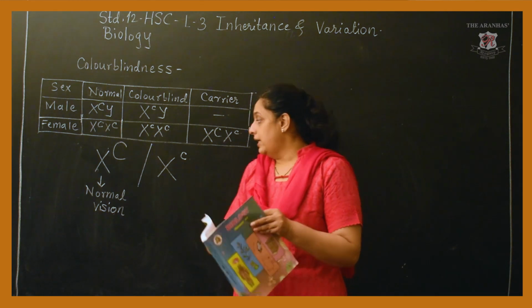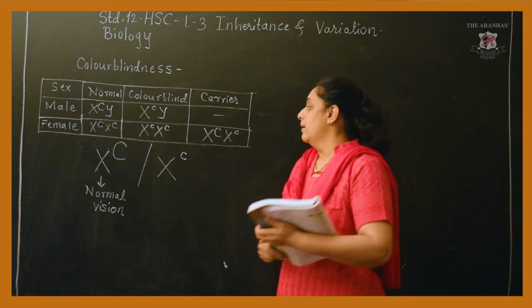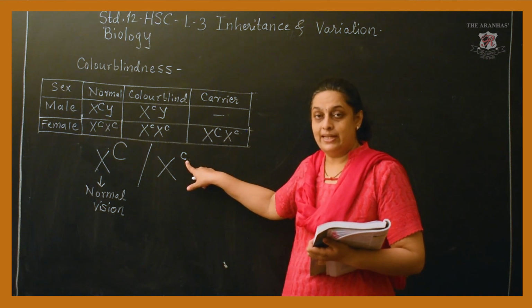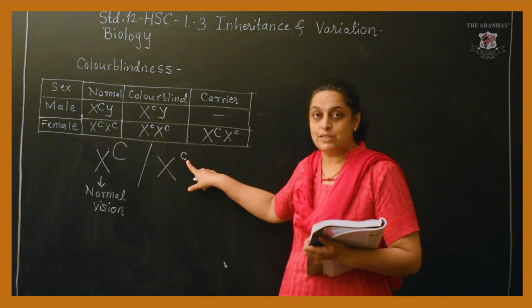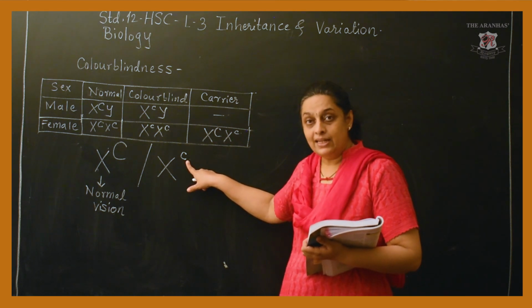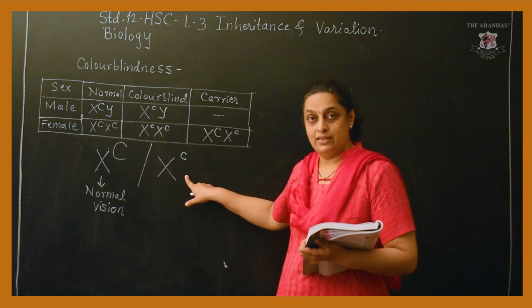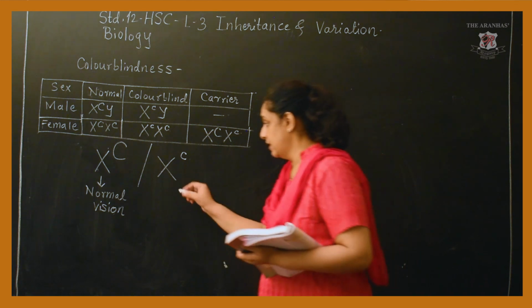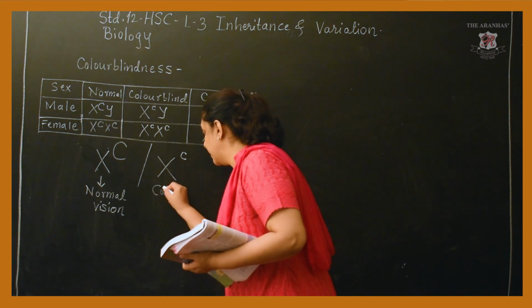If the recessive gene, small c, is present, then this gene is indicating color blindness. So, the gene for color blindness.